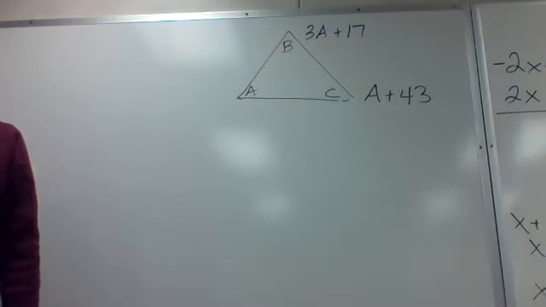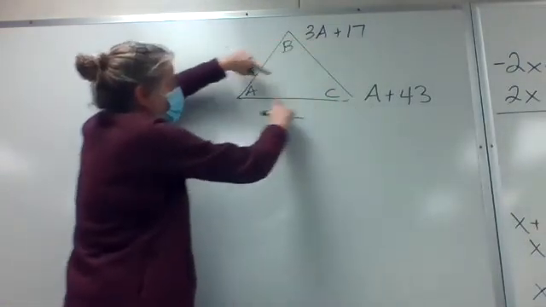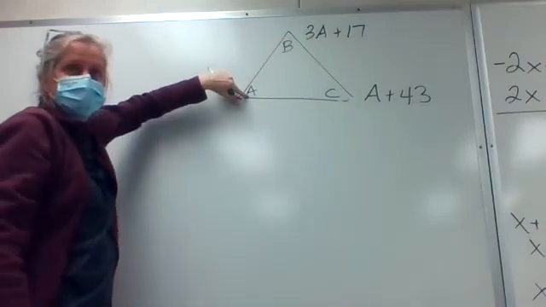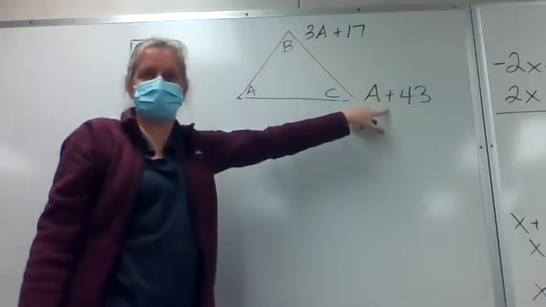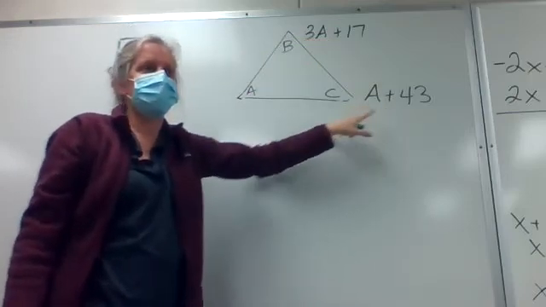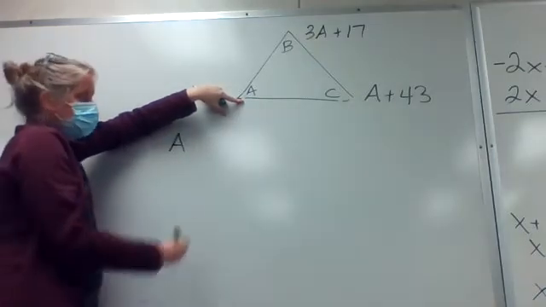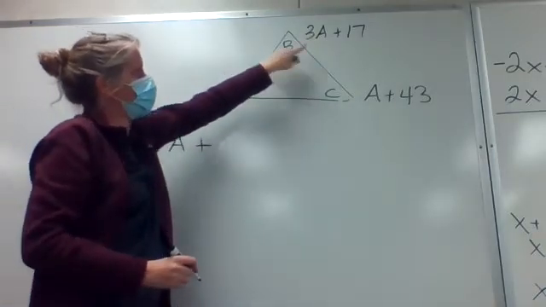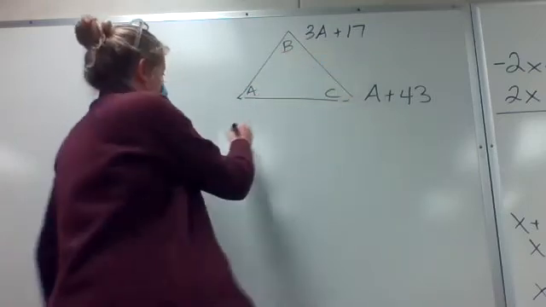So now look at what you have. You've renamed B and C by how they relate to angle A. And what do these 3 angles add up to? 180. So this one is just angle A. If I add that to angle B, but what am I calling angle B? 3A plus 17.